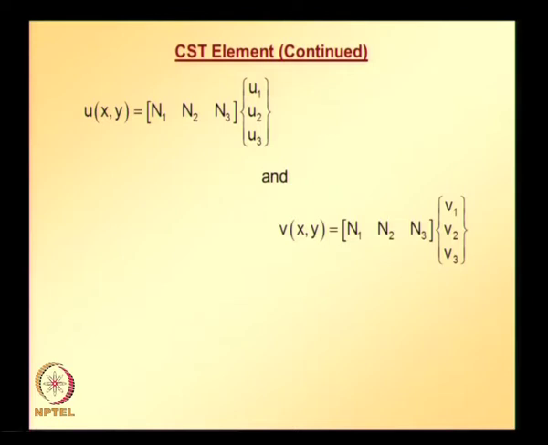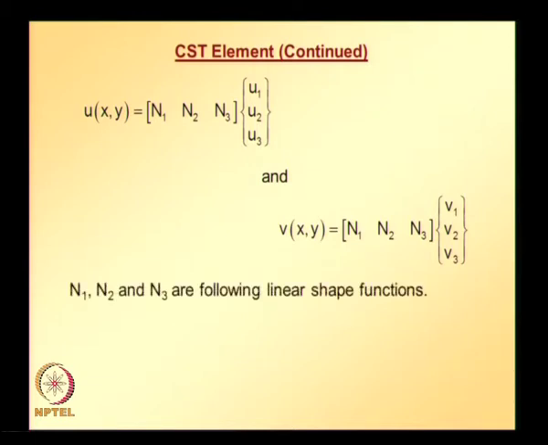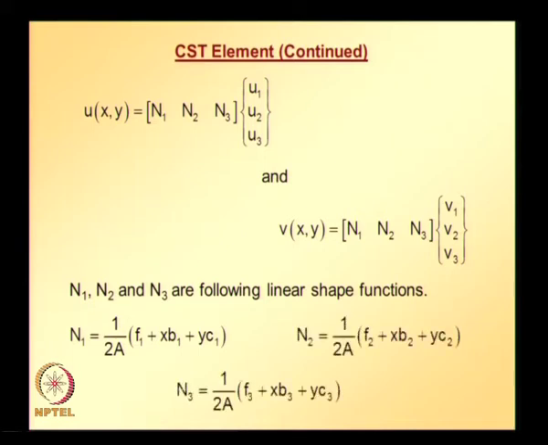Here n1, n2, n3 are shape functions which are going to be linear in x and y, and the procedure for derivation of these shape functions is the same as what we have seen earlier. So, these n1, n2, n3 shape functions can be calculated once we know the nodal coordinates of all the nodes. So, n1 is given by this, n2 is given by this, and n3 is given by this.